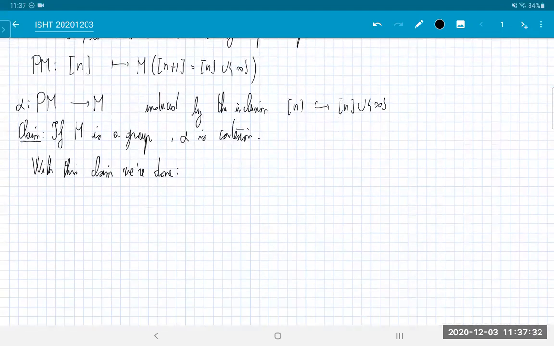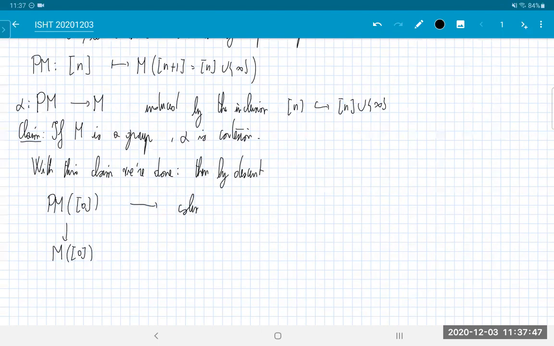Because then by descent, this is Cartesian.